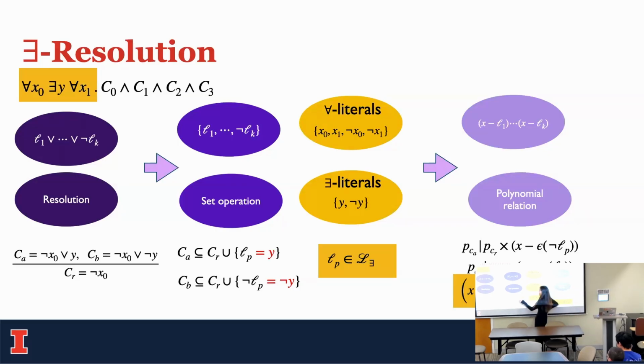Besides checking the relation imposed by the resolution, we also check if the pivot literal is indeed an element in this existential set. That's what we check here. That's for existential resolution.